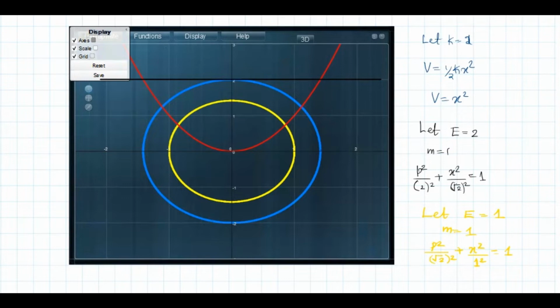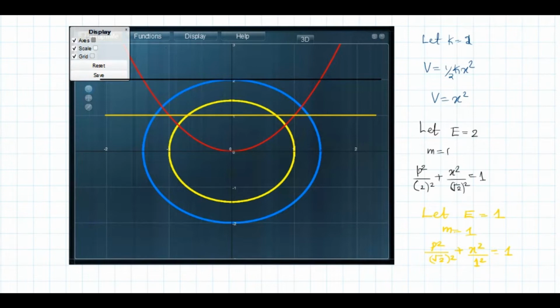Okay, now if we reduce the energy to E equal to 1, then you will get this ellipse, and you can see that for the second case, total energy E equal to 1, that is this value, the x value is restricted to this point. Okay, where this total energy crosses the potential energy curve.